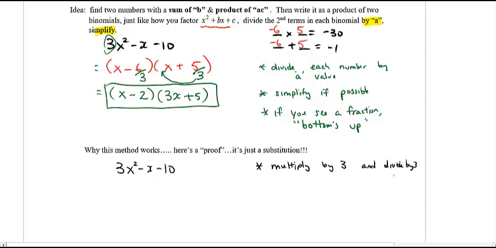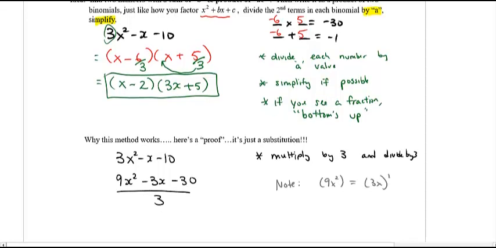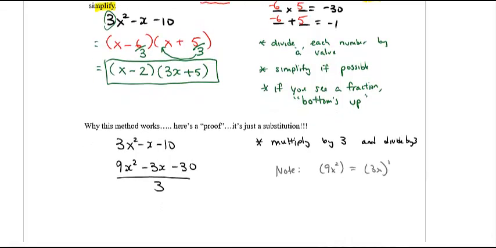So if you do that, notice what happens. 3 times 3 is 9, so 9x squared minus 3 times x minus 30, and we're going to divide that by 3. Okay. Now here's a note. Remember, 9x squared can be written as 3x all squared. So if that is the case, I can rewrite this as 3x all squared minus 3x, I'm going to put a bracket around there and hopefully you'll see why, over 30.